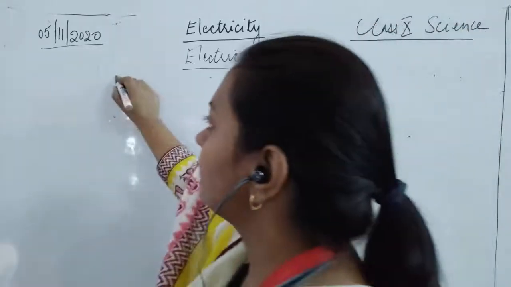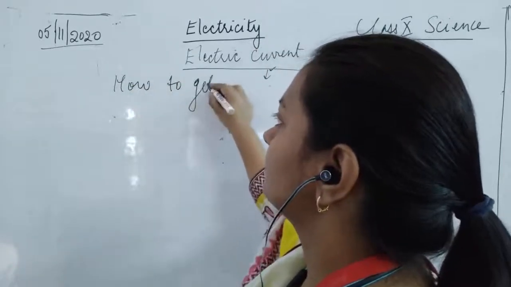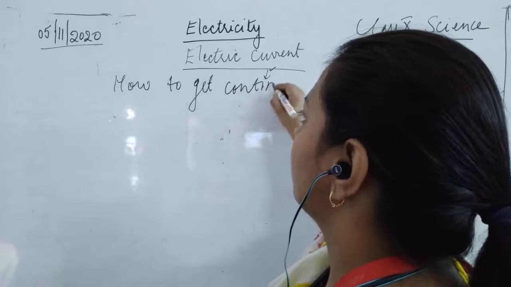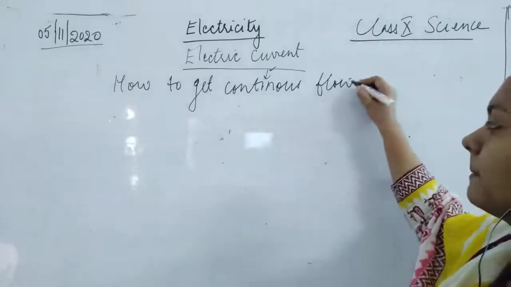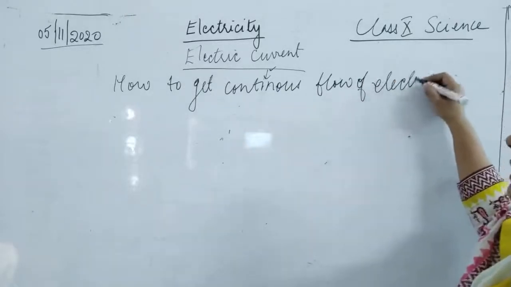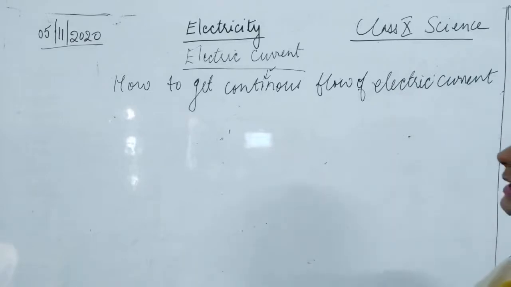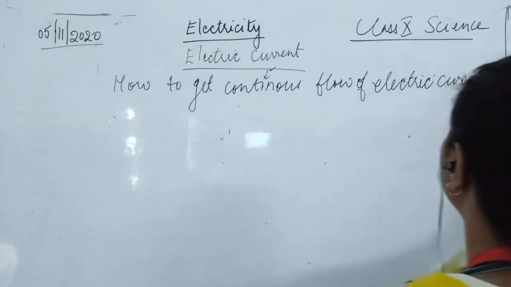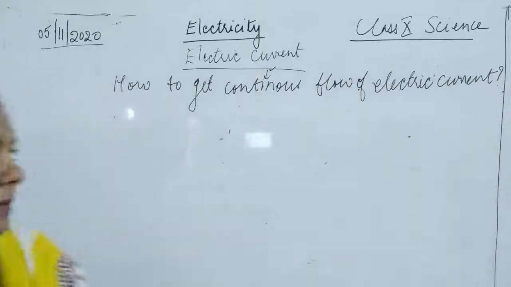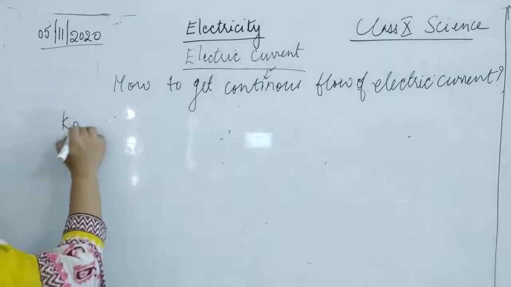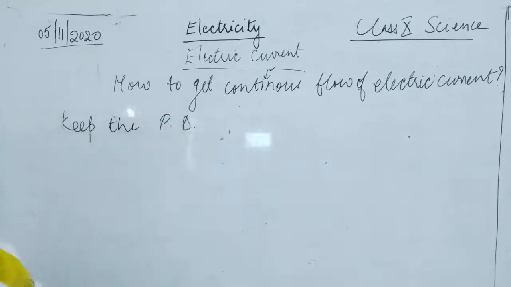So how can we get continuous flow of electric current? We can get the continuous flow of electric current if we keep the potential difference always there.